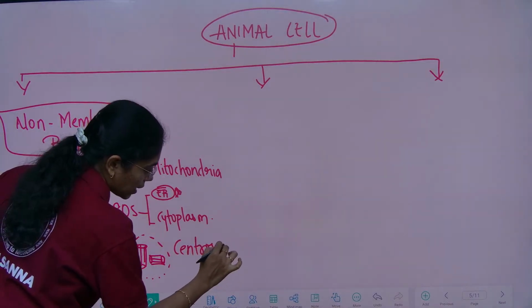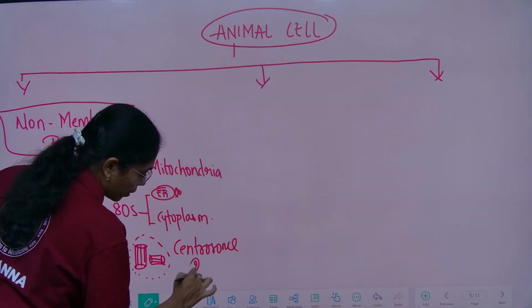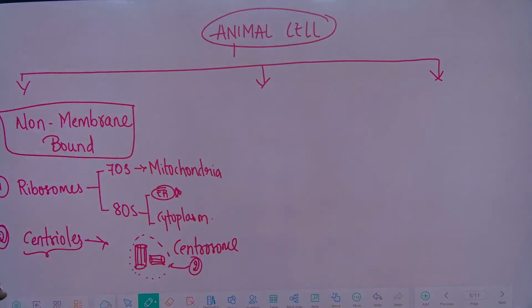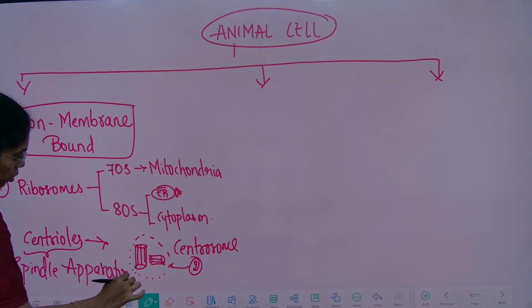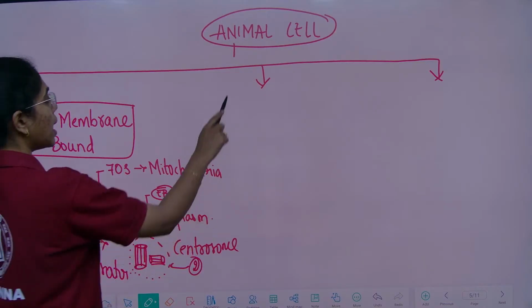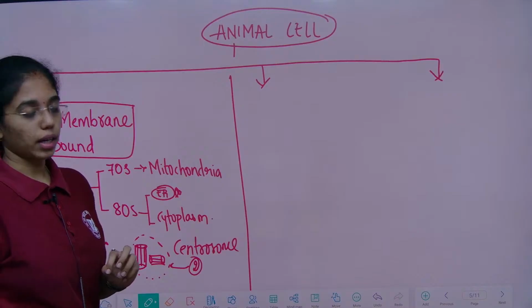A single centrosome has two centrioles. Got it? Their major role is spindle apparatus formation. These are non-membrane bound organelles.